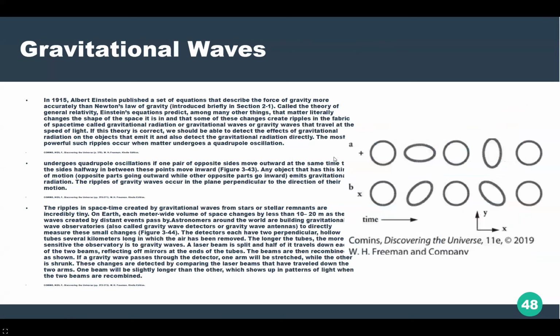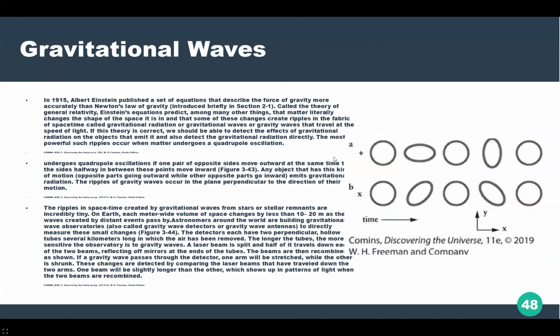These ripples of gravity waves occur in the plane perpendicular to the direction of their motion. The ripples in space-time created by gravitational waves from stars and stellar elements are incredibly tiny. On Earth, each meter-wide volume of space changes less than 10 to the negative 20th meters as the waves created by distant events pass by.